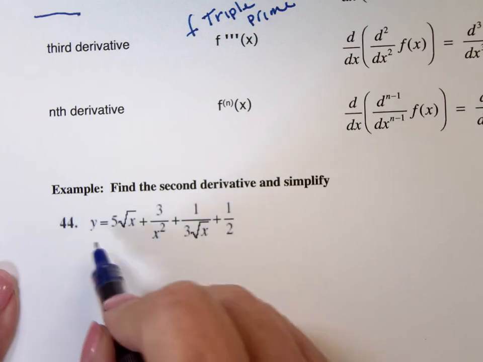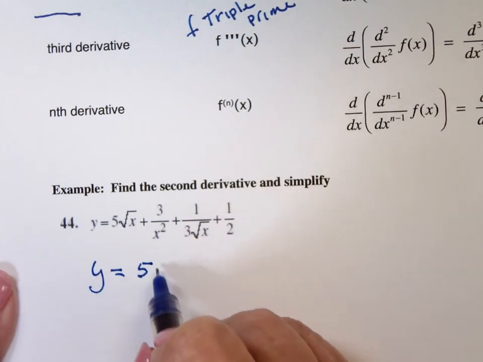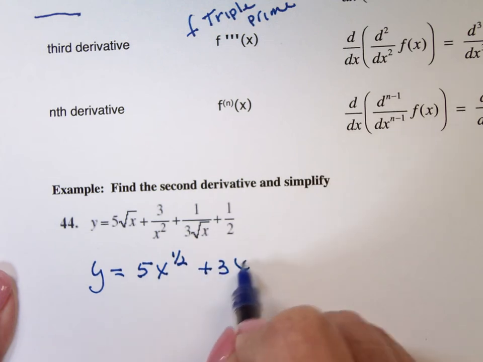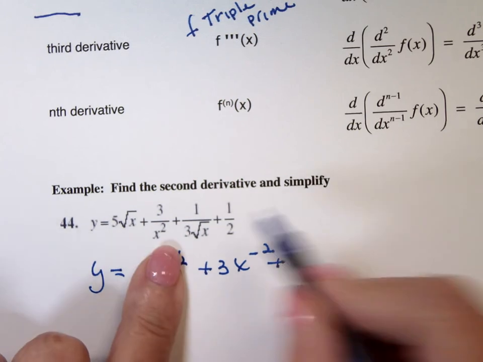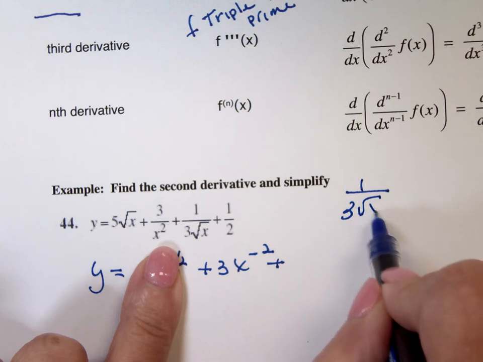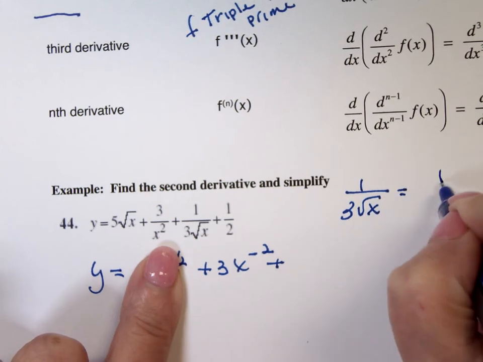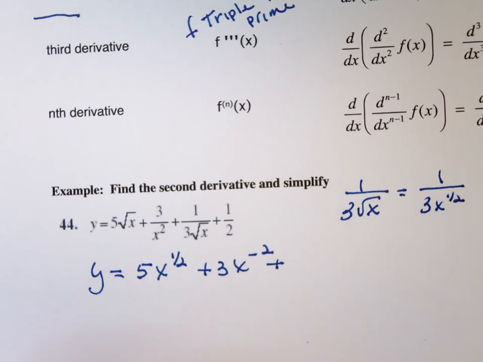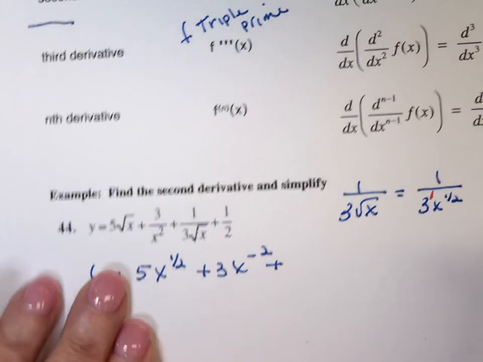Find the second derivative. Well, the first thing I have to do is rewrite this sucker. This is 5x to the 1/2 plus 3x to the minus 2 plus, now, if I look at 1 over 3 square roots of x, this is 1 over 3x to the 1/2. 3 has an exponent of 1.